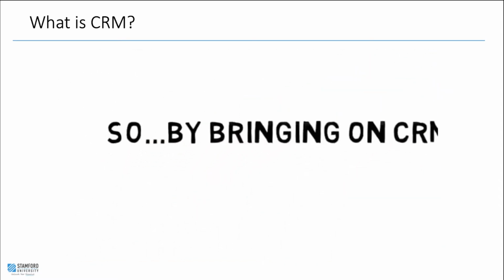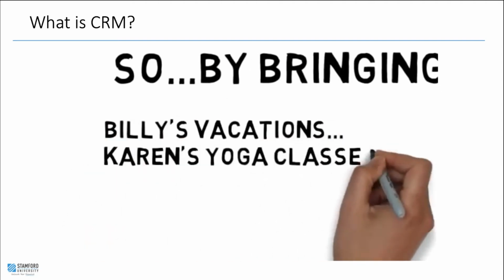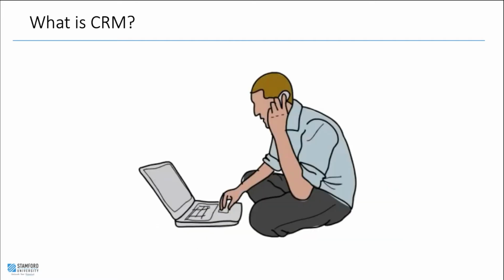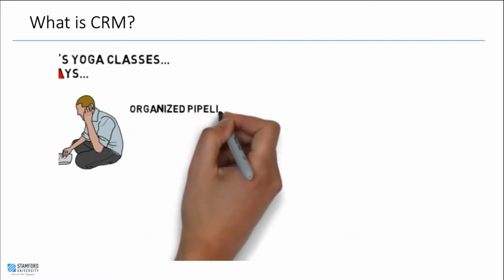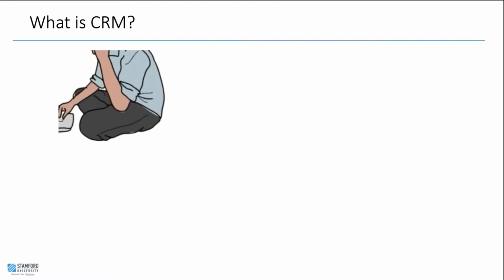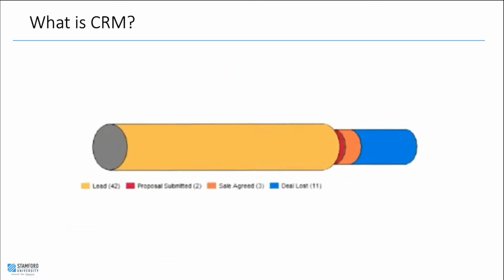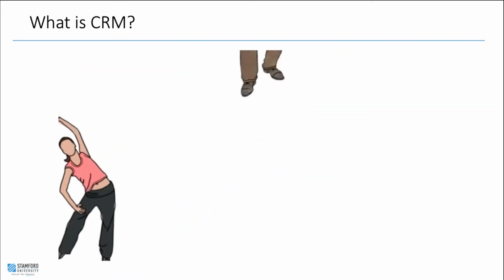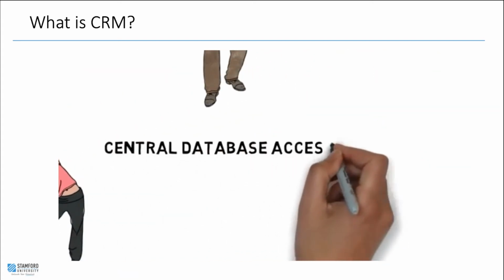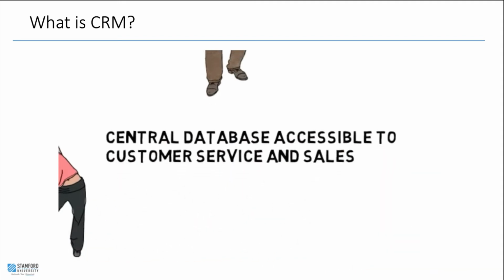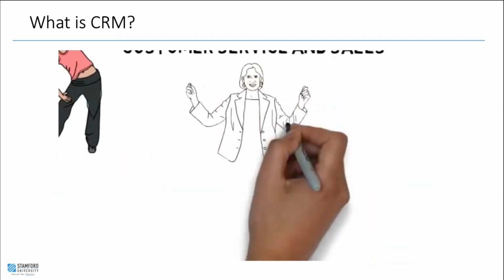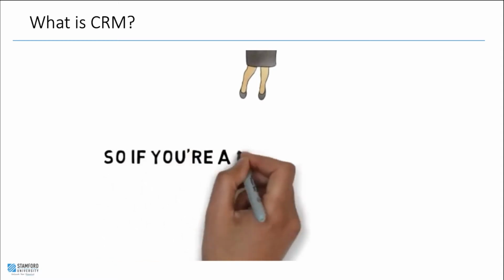So by bringing on CRM, you don't have to worry about Billy's vacations or Karen's yoga classes or sick days, because Billy and the rest of your sales team would have kept everything in organized pipelines within CRM and have remote access. So when Joe has a question, he can take a look at their pipelines and have the answers ready. And when Karen decides that she wants to go for a yoga class, we know her information is in a central database and it's accessible to all departments. So when Amy has any questions from other departments, she can answer them.